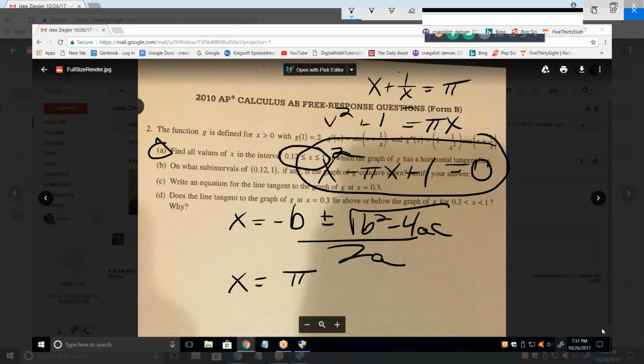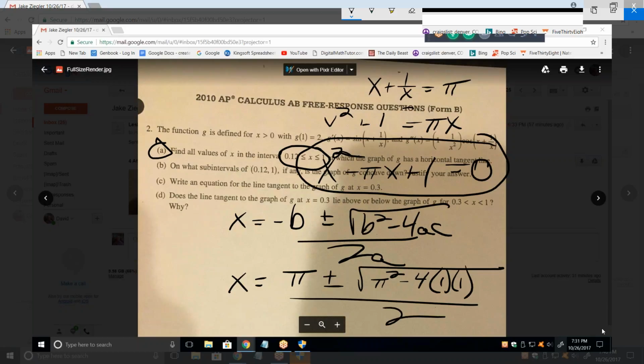Okay, so if we solve this quadratic, let's see if we can do it. That's pi squared minus 4 times 1 times 1 all over 2. So what does that give us?